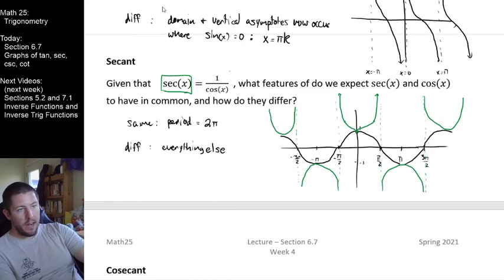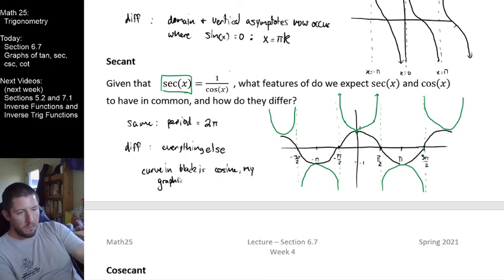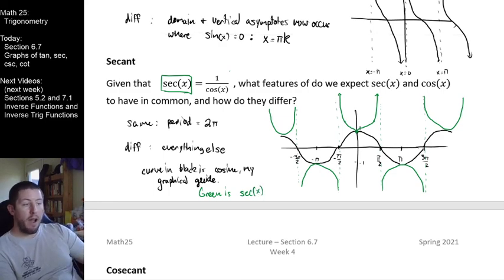So I'm going to say that right now to make sure there's no confusion here. And let's pop over to Desmos and graph them both together.